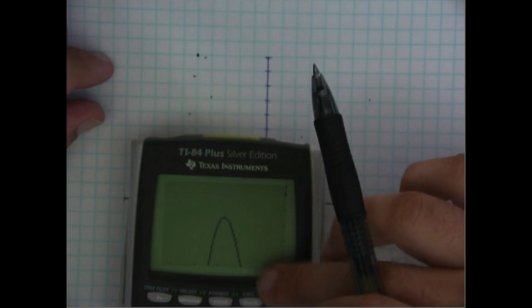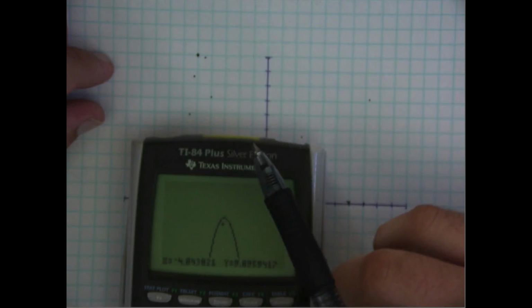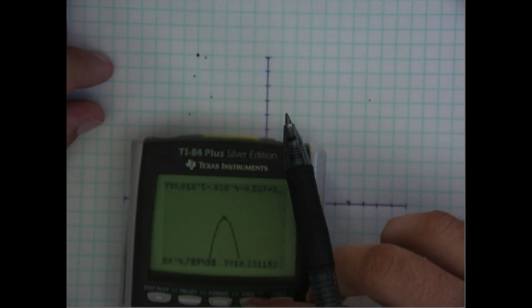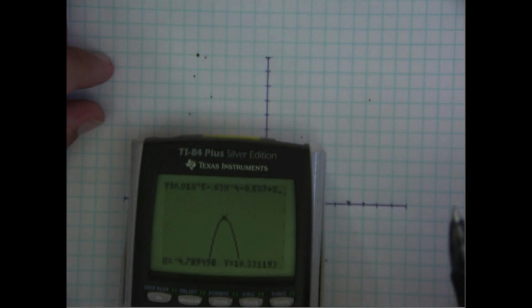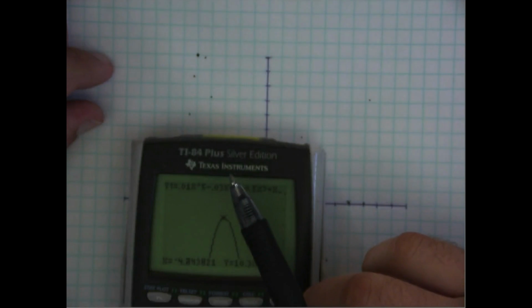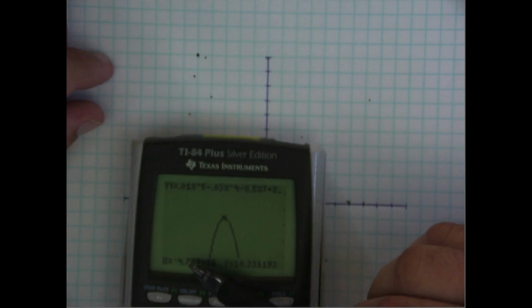See? And I'll trace it again, and I'll move a little bit. There's my max. Max is about 10.33, and it occurs at negative 4.78, so about negative 4 3/4.